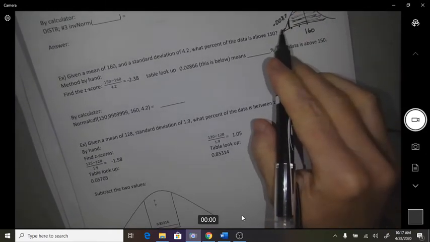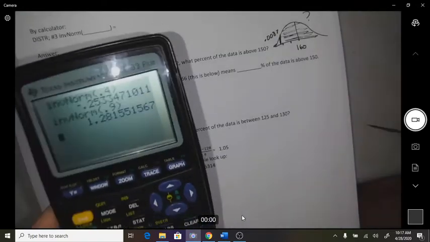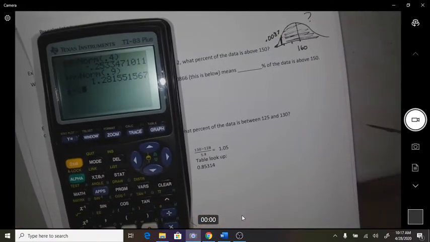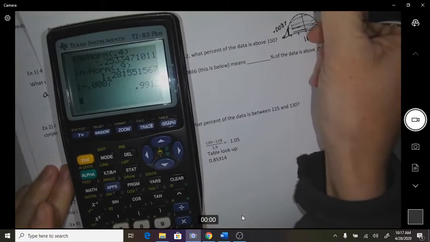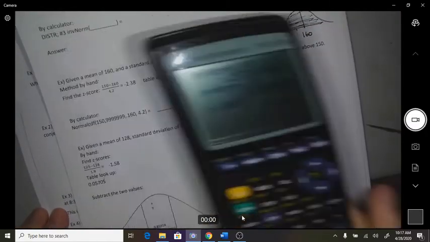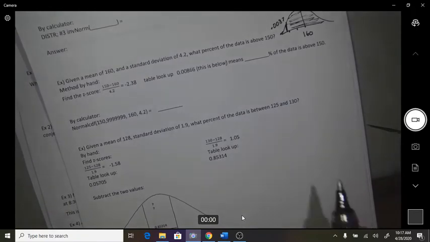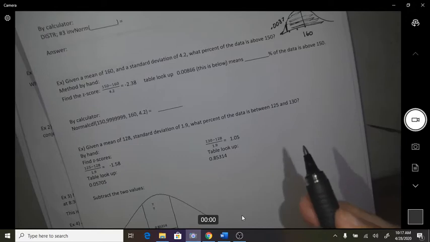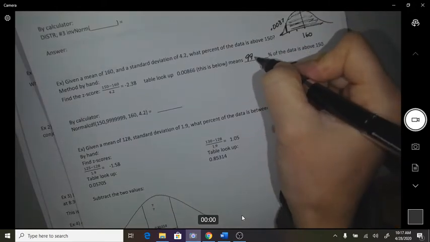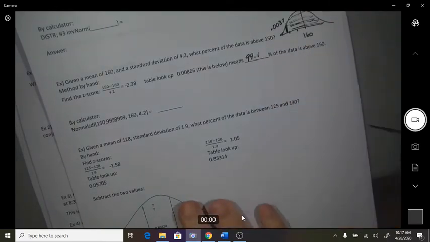Okay, so that's below that. So if I do 1 minus 0.0087, I get 0.9913. Okay, so does that make sense why I have to subtract? So 99.1% of the data is above.